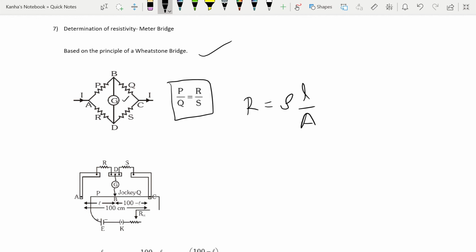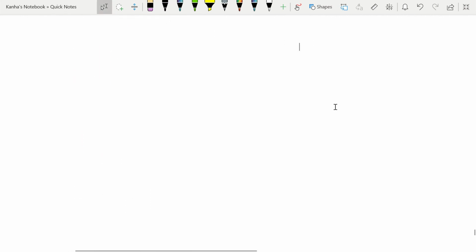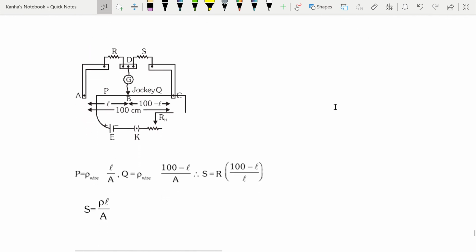Okay. So what is the arrangement of this bridge? Let me zoom in and show you. So the arrangement consists of a 100 centimeter long wire connected between these 2 points, A and C, and it is tapped at the point B. It's being tapped at this point if you look clearly, and there is a jockey or a sliding contact which you can move, so the point B can move.